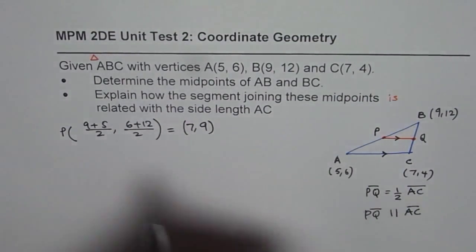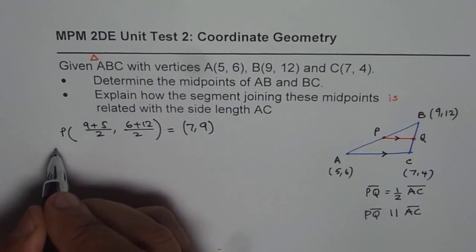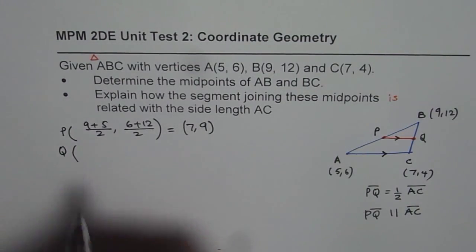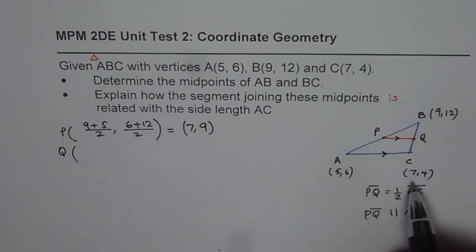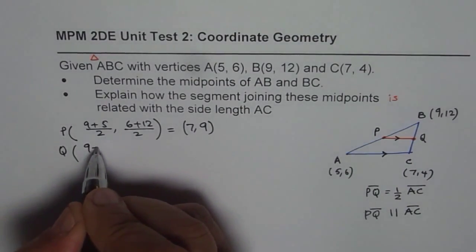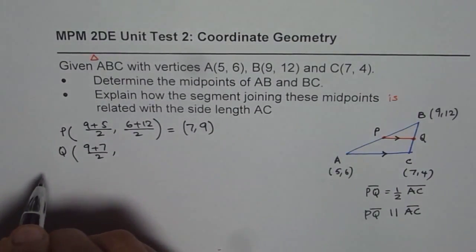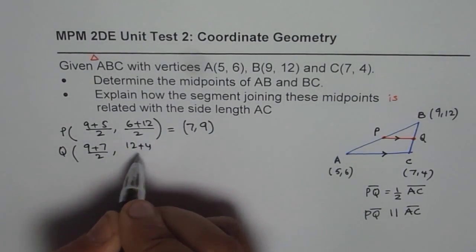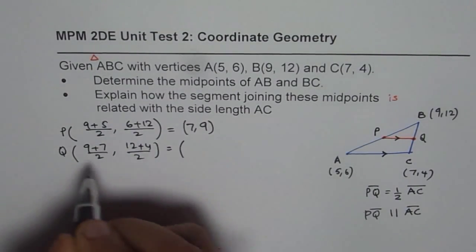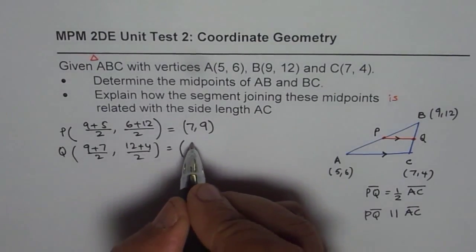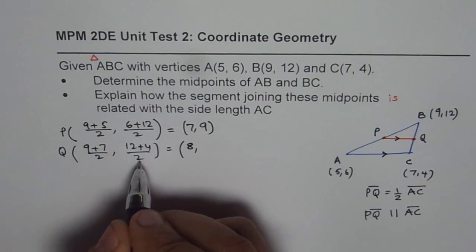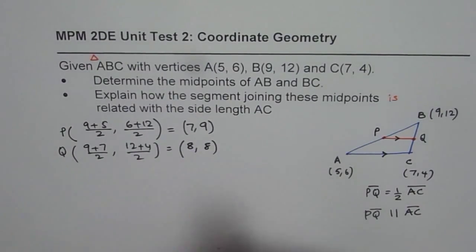So P is (7, 9). And then Q is 9 plus 7 divided by 2, and 12 plus 4 divided by 2. 9 plus 7 is 16, half is 8. 16 and half is 8. So Q is (8, 8). So we got these points.